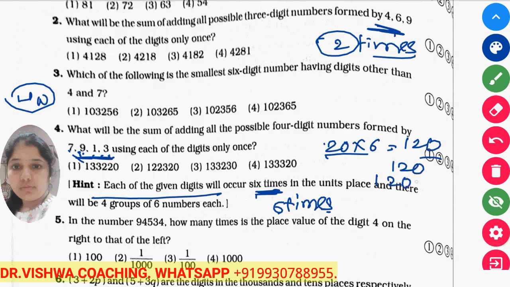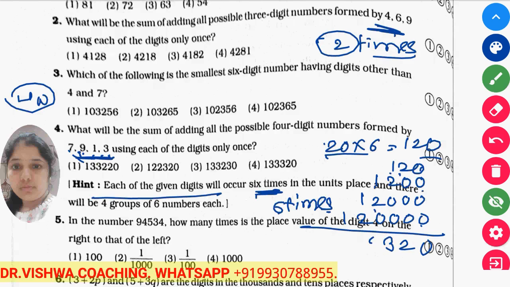Now 120 I will write as it is and give a 0 for tens place. 120 I will write as it is, give 20 for 100 place. 120 I will write as it is and give 30 for this 1000 place. Now add all of them. 0 plus 0, 0, 2, 1 plus 2, 3, 1 plus 2, 3 and 3 and 1. So 13320 is my answer.